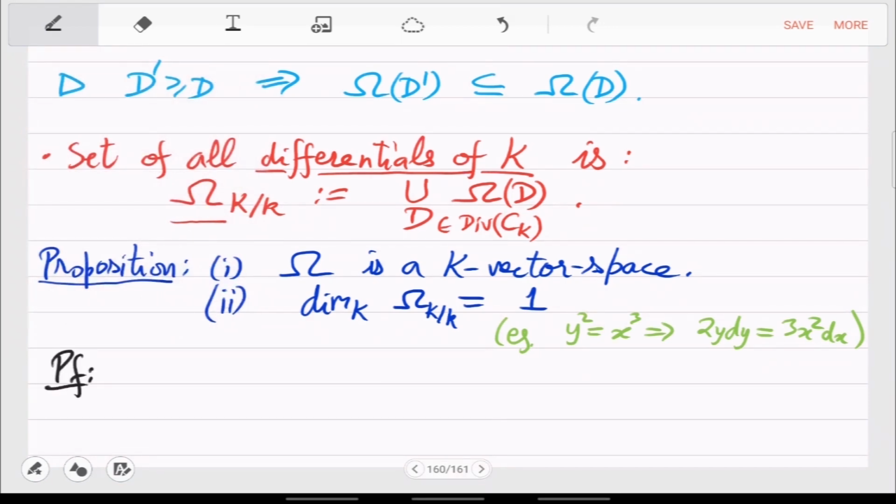The proof has to be more abstract, at the level of Adels, because this is a different object. So let's do it. First of all, why is it a big K vector space? You have to define what happens when you multiply by a function.